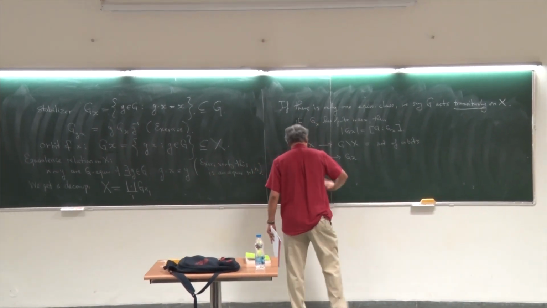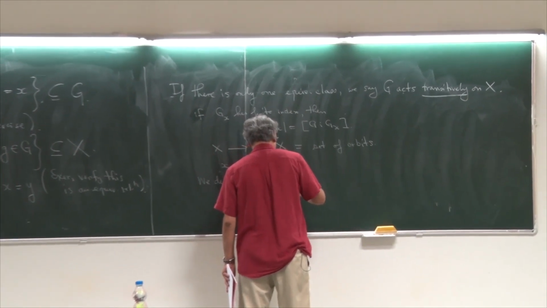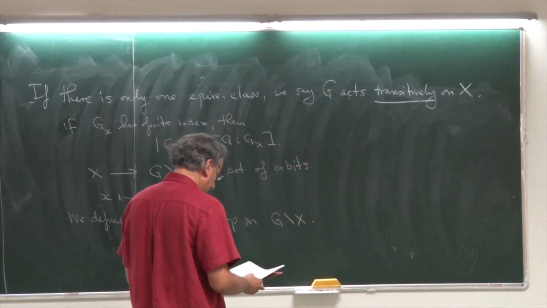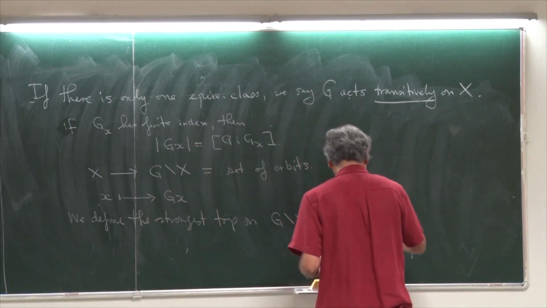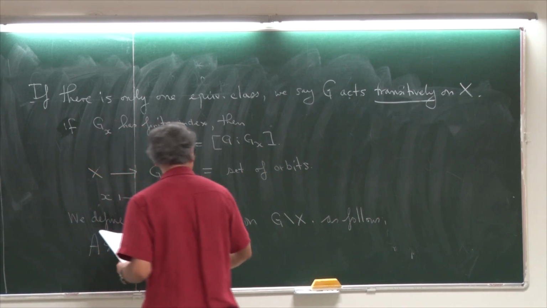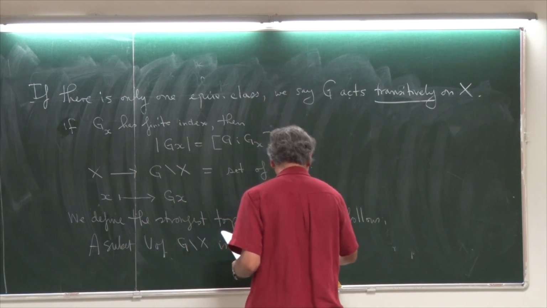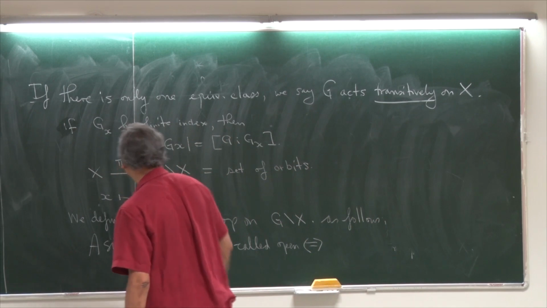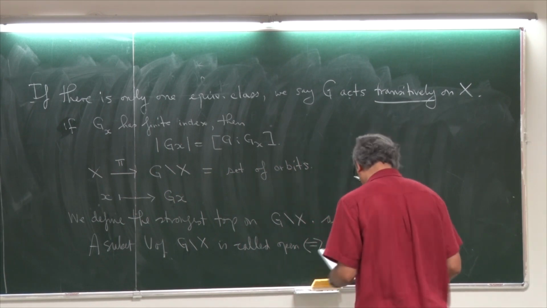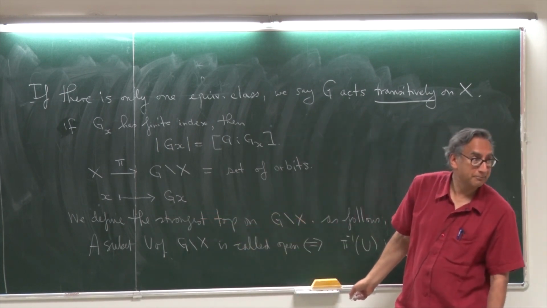So we define the strongest topology on this space such that a subset Q of the orbit space is called open if and only if the inverse image under this map, which we'll call pi, taking X to the orbit of X, pi inverse of Q, is open. In some sense, I'm forcing this map to be continuous by putting this topology. That's the idea.